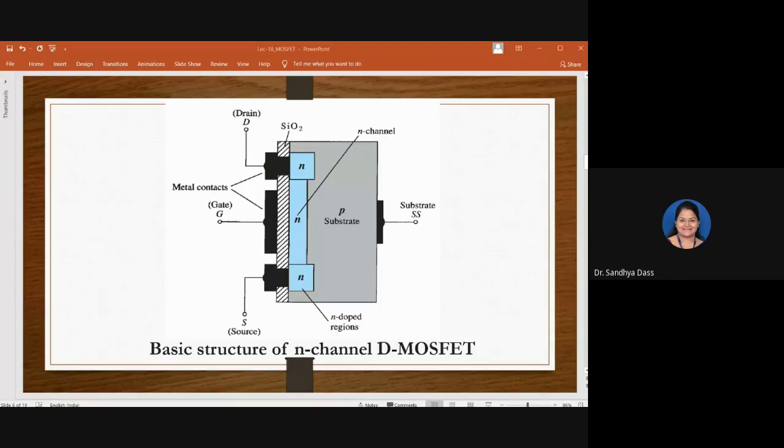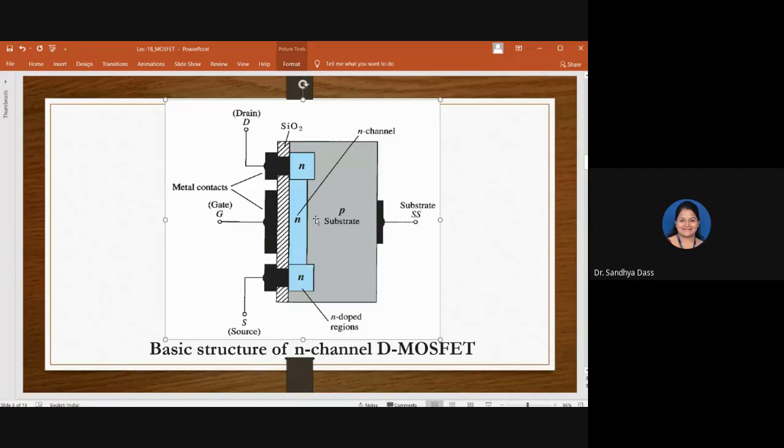In active devices, any type of electronic circuit component which has the ability to control the flow of electrons, or in other ways, flow of current, is nothing but active device. So as I said, BJTs, JFET, and MOSFET, all these can control the flow of current, right? In the previous discussion, JFET also was able to control the output current.